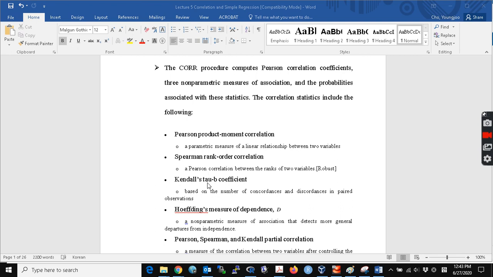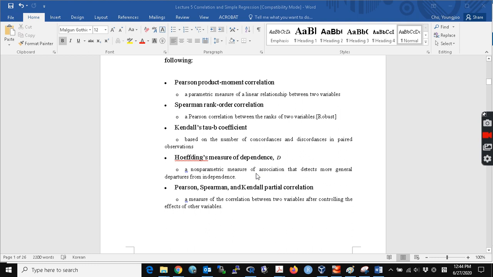And then the Kendall's tau-b coefficient, which is based on the number of concordant and discordant pairs in paired observations. And the Hoeffding's measure of dependence. And then partial correlation. So if you have more than two variables, let's say you have a third variable, and you want to look at the correlation between the first and second variable by controlling for the third variable, that's the case we use.